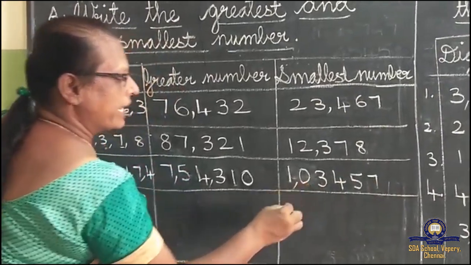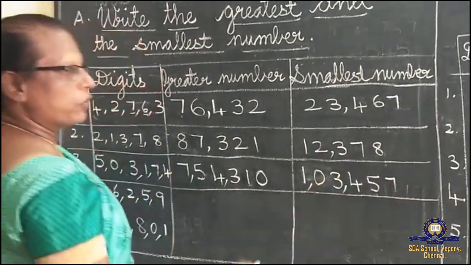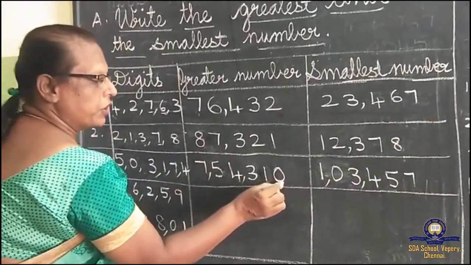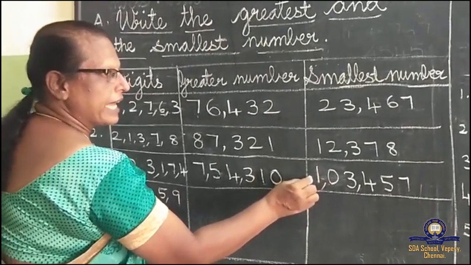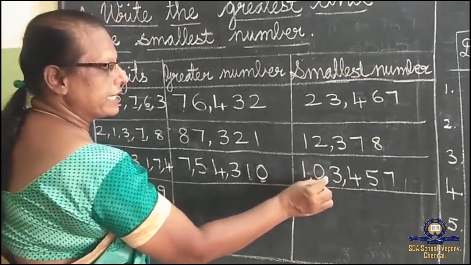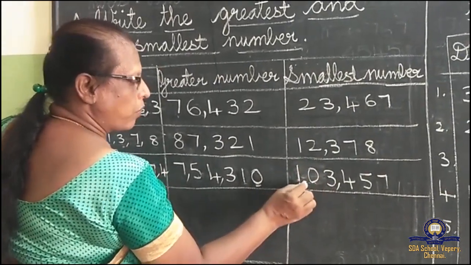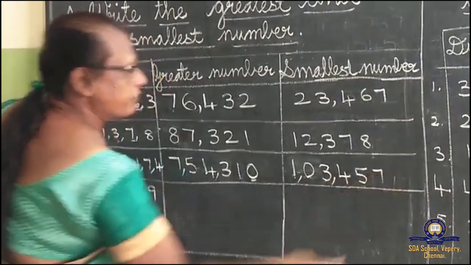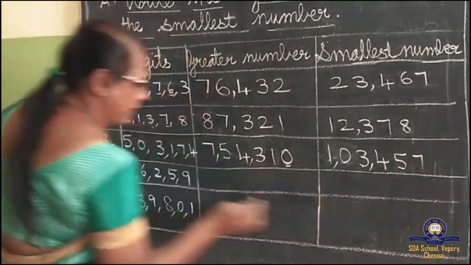So 1,03,457. Understood, children? When you come to the smallest number, you should not write the 0 first because it doesn't have value. So you have to write it in the second place. 1,03,457.